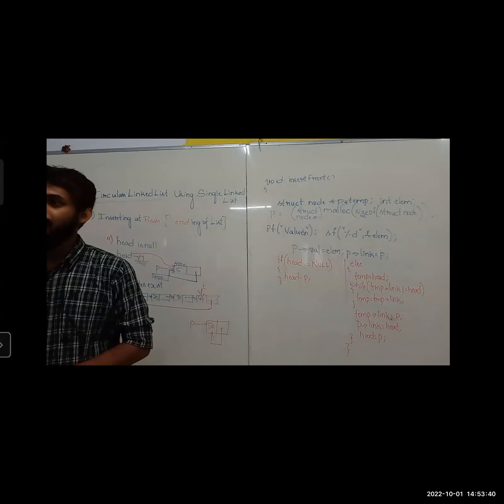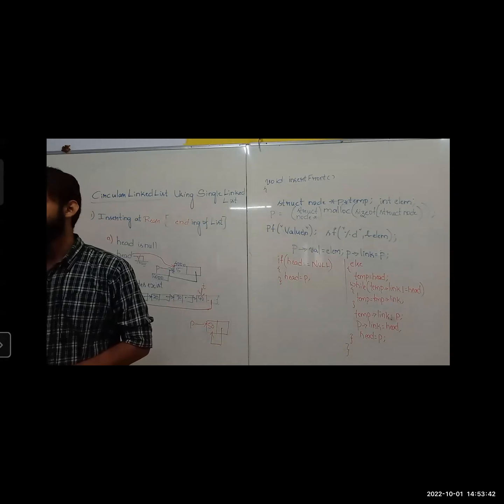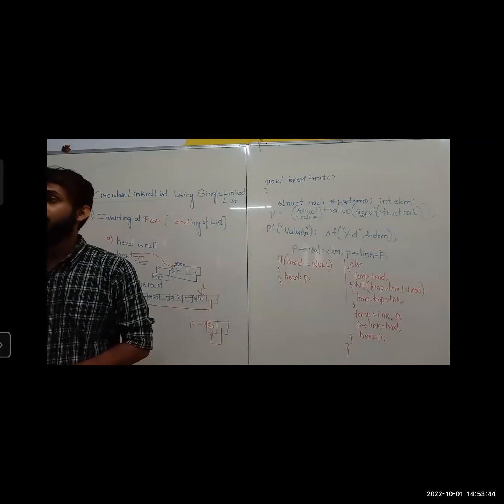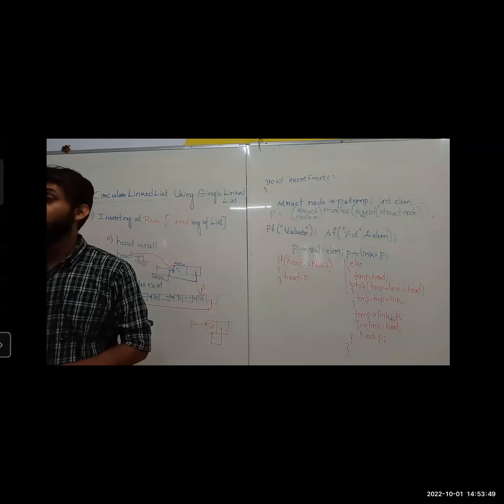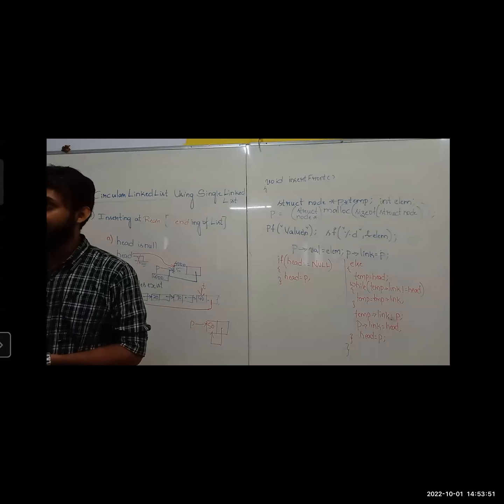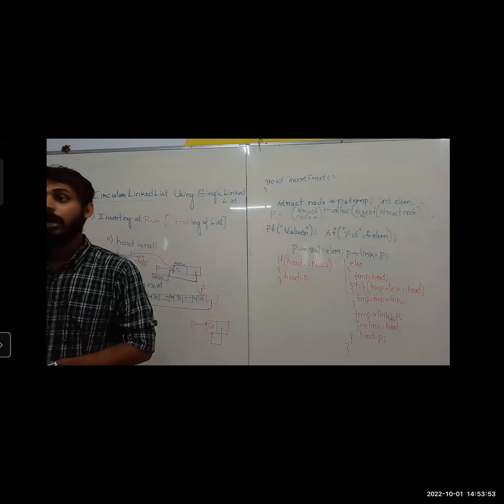How can I find which is the last node here? Apart from A, whosoever's link is pointing to A is nothing but the last node.